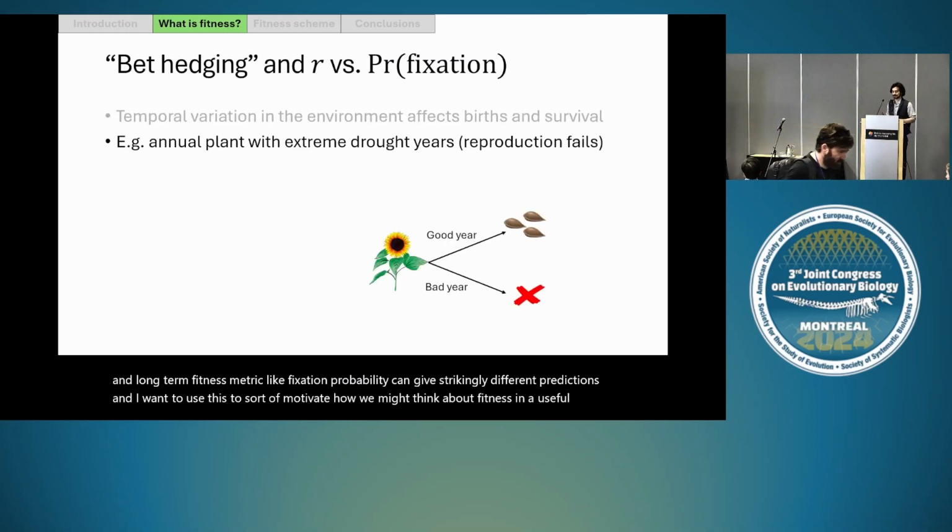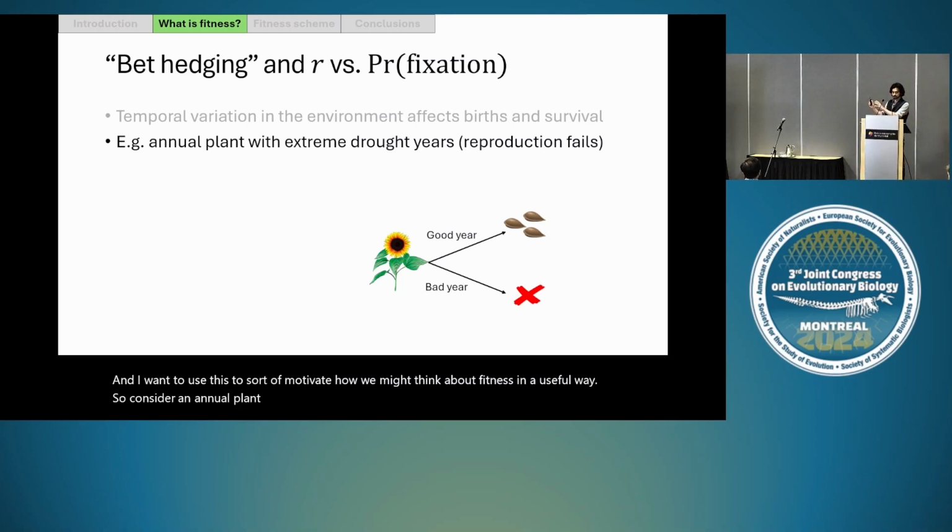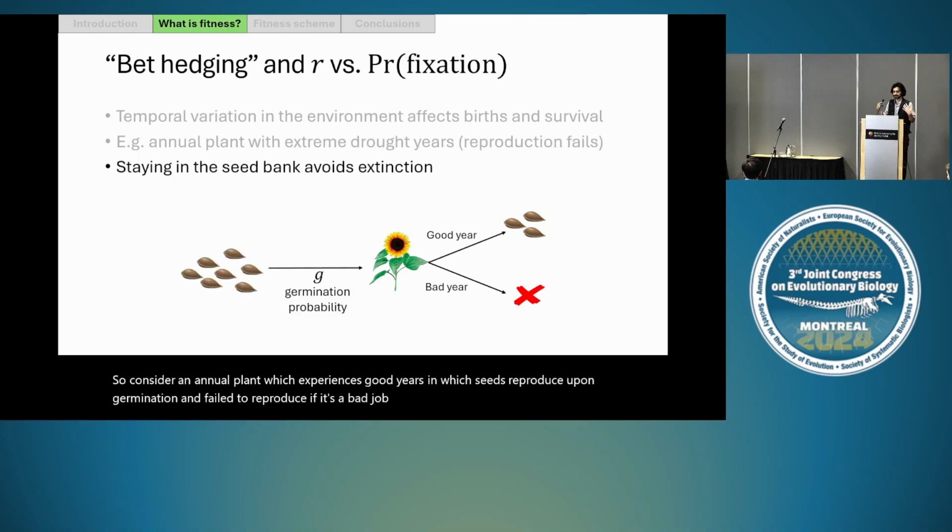So consider an annual plant which experiences good years, in which seeds reproduce upon germination, and fail to reproduce if it's a bad drought year. And staying in a seed bank avoids extinction on bad years. There are many, many models that consider the evolution of annual germination probability G. One classically calculates the value of G that maximizes the Malthusian parameter averaged across environments, also known as maximizing the geometric mean fitness.